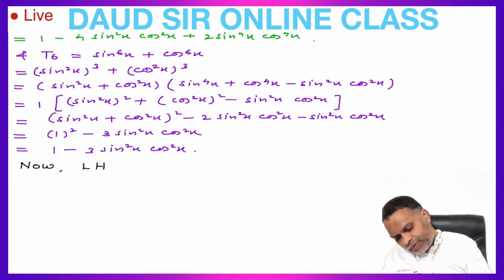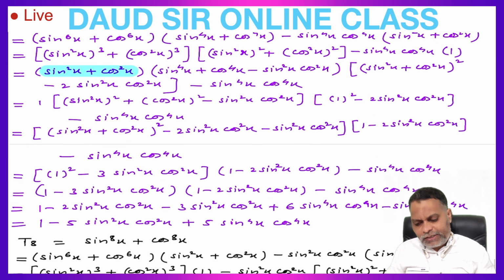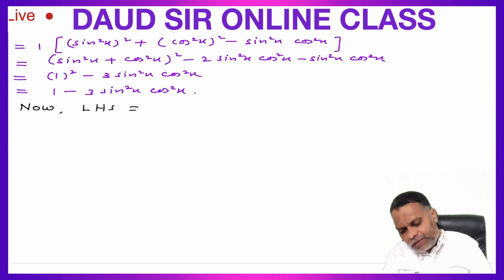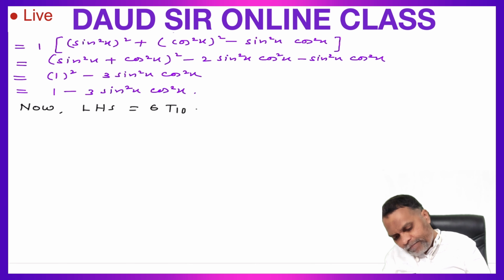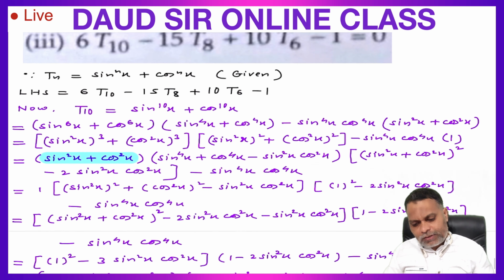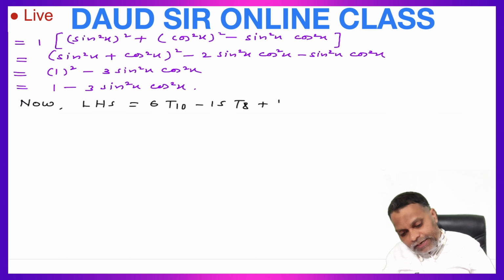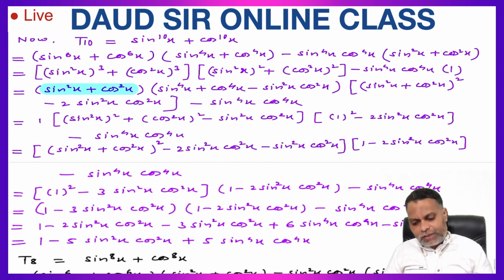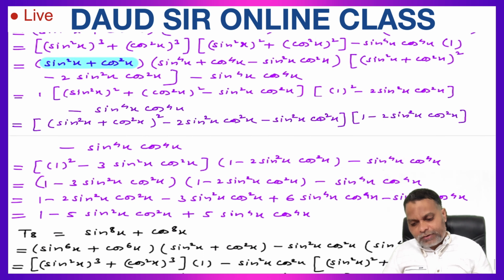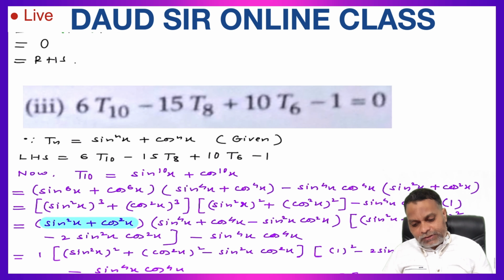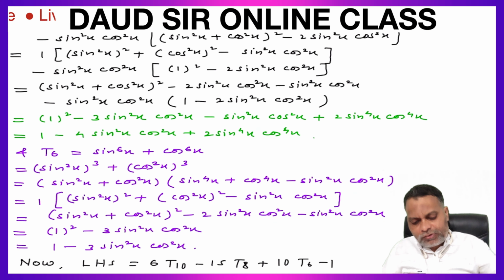Write the left hand side carefully: 6t10 minus 15t8 plus 10t6 minus 1. Check this one time more. 6t10 minus 15t8 plus 10t6 minus 1. Now substitute the values here.